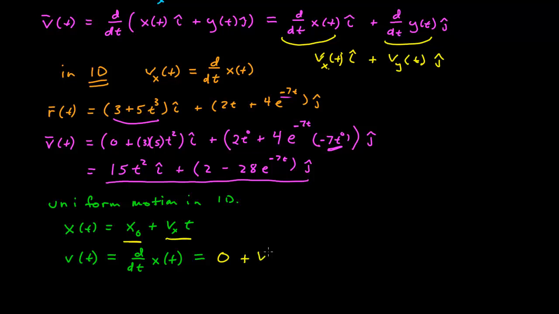The time derivative just gives me the constant term. And we have that the velocity being a constant satisfies, or I should say we show that the velocity is a constant using our fundamental relationship between the velocity and the position.